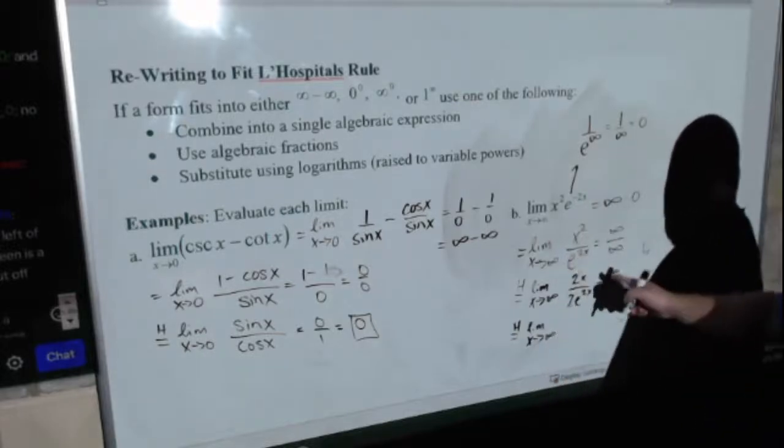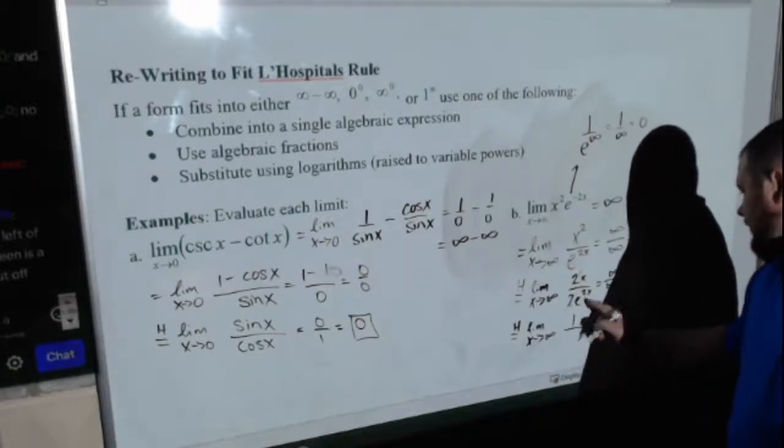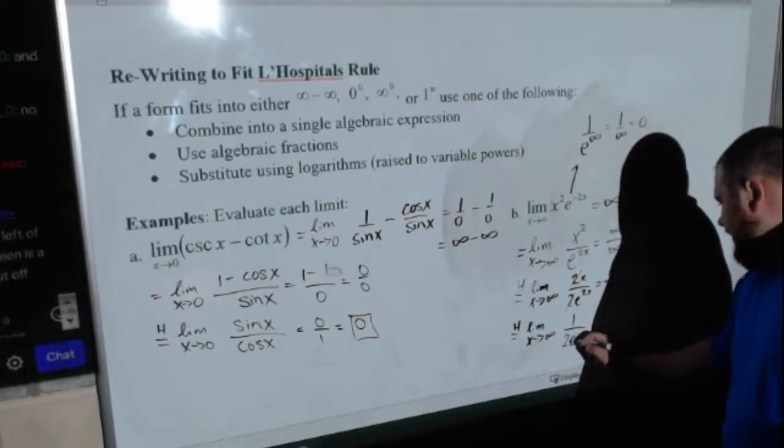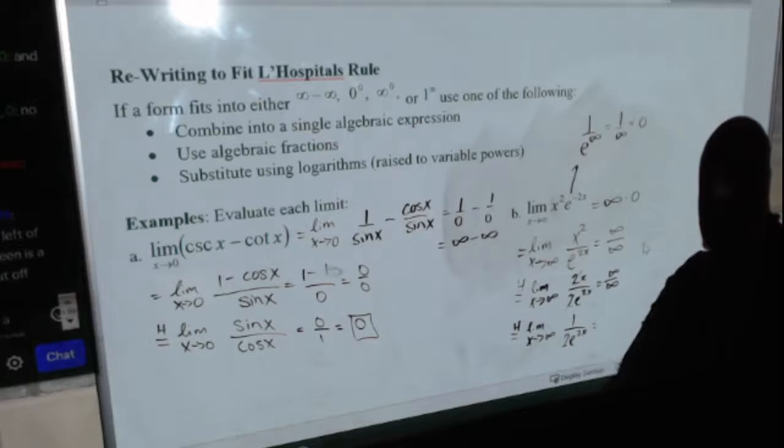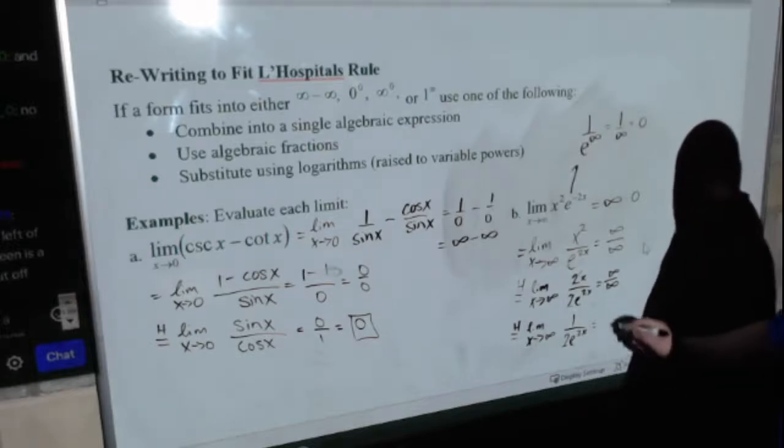So derivative of x is 1. Derivative of e to the 2x is 2e to the 2x. So we would get 1 over infinity or 0 again.